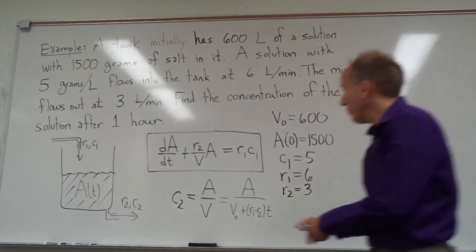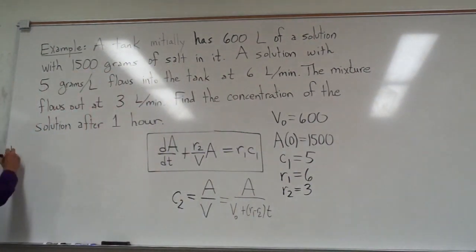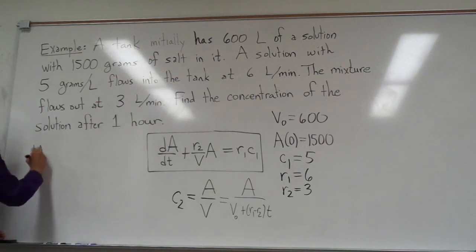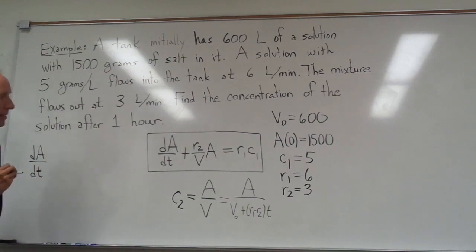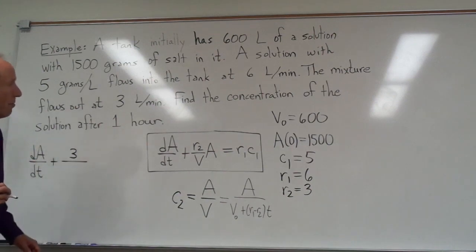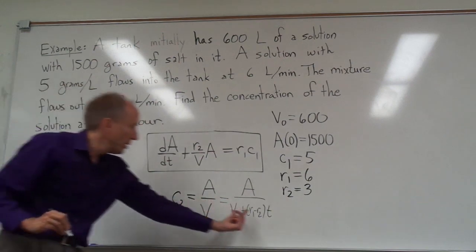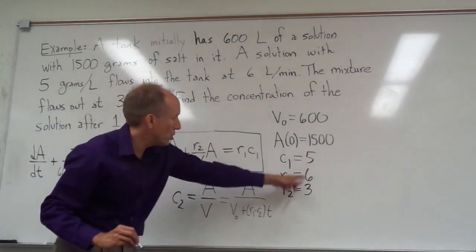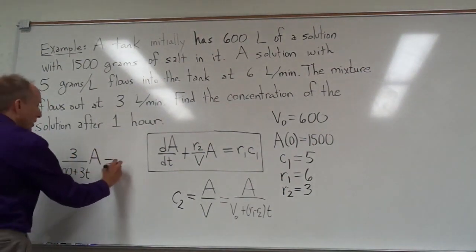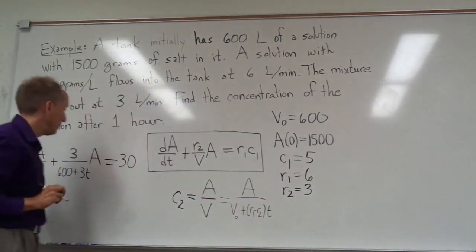Okay? So if we put all of that together, we can just set up our differential equation, dA/dt. Actually, let me make sure that this is showing up on the screen there. dA/dt plus R2, which was 3, divided by V. The V is going to be V naught plus R1 minus R2, which is 3, times T. And all of that gets multiplied by A. And then R1 times C1 is 5 times 6, that's just 30.